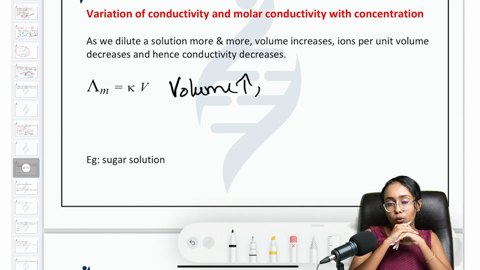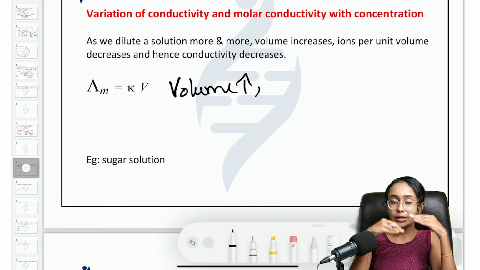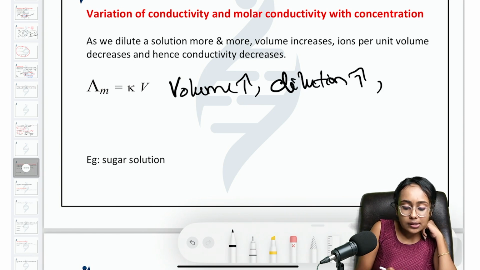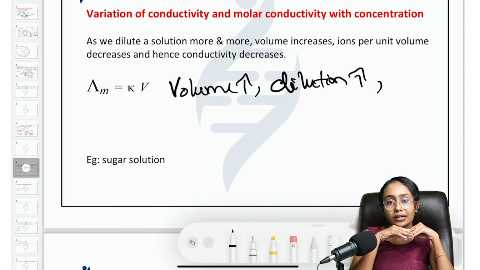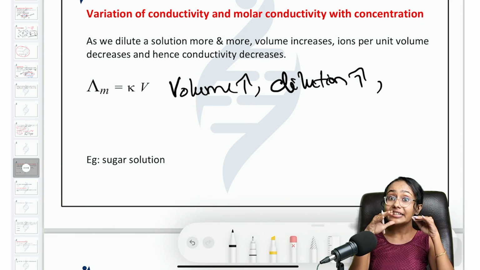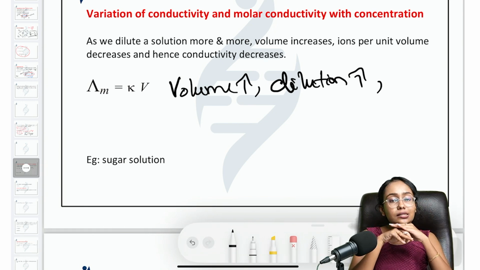Volume increases means what? Dilution. As we dilute, dilution increases. What about the concentration? As we add more and more water to the sugar solution, the amount of sugar in that solvent decreases considerably.